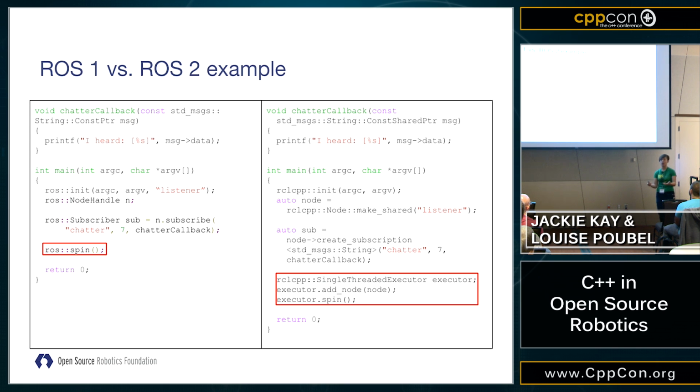So you can specify a threading model, which is also different from ROS1. And you can add and remove nodes arbitrarily to the executor. And the executor is going to listen for work to be done by that node, or done for that node. And then you call spin as a class function of the executor.